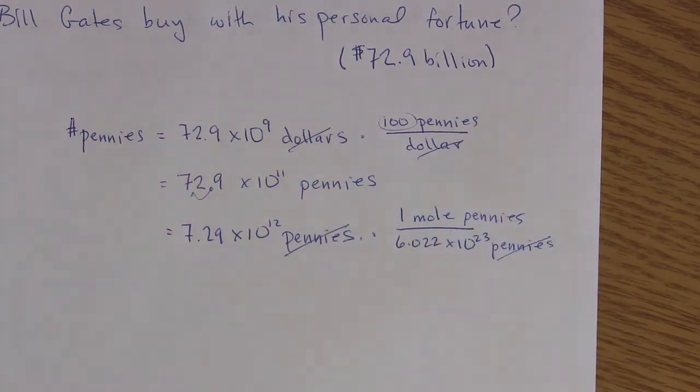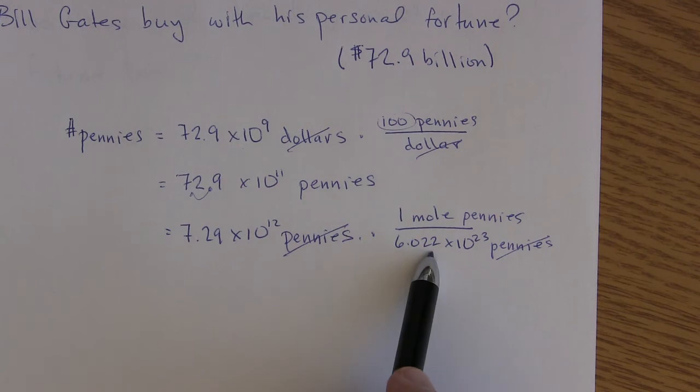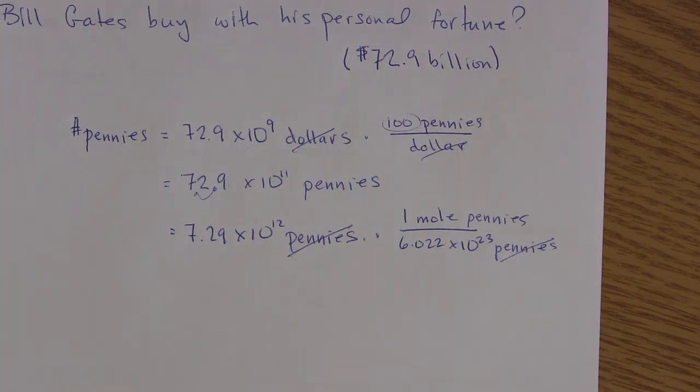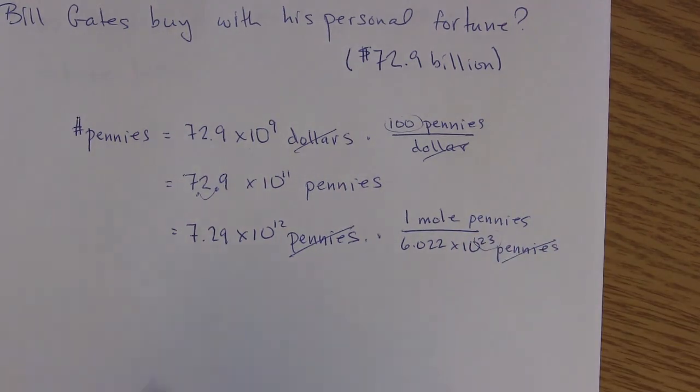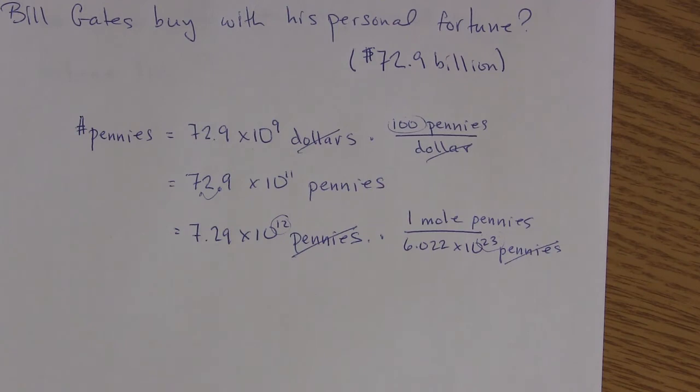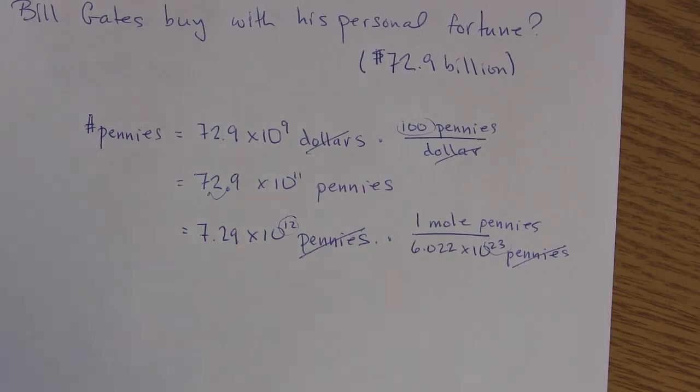That then cancels. And I've got 7.29 times 10 to the 12th and 6.022 times 10 to the 23rd. Before we get our calculator out, we can already see 10 to the 23rd is bigger than 10 to the 12th, which means our answer is going to be significantly less than 1.